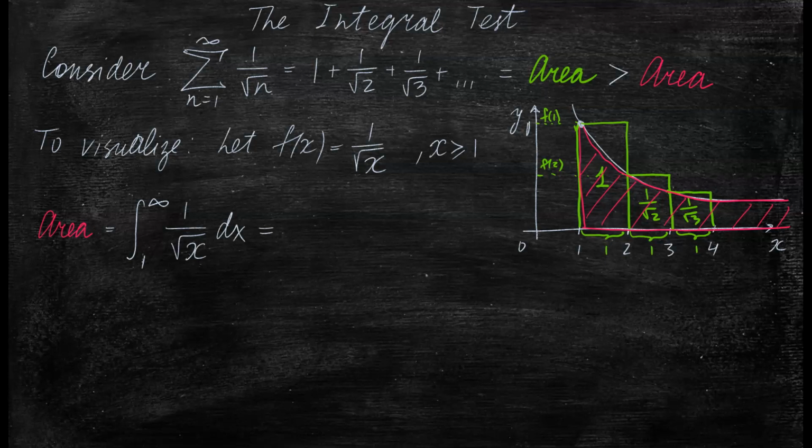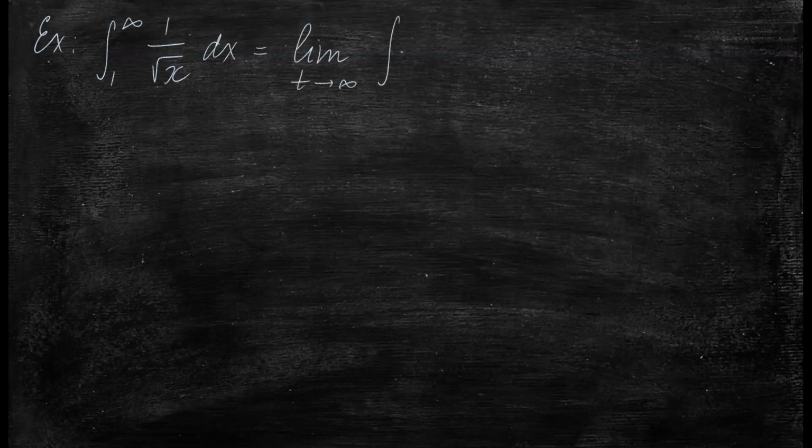And this is another improper integral, which we learn how to analyze in calculus class. So to find this integral, or to determine whether it converges or diverges, we're going to introduce a new variable.